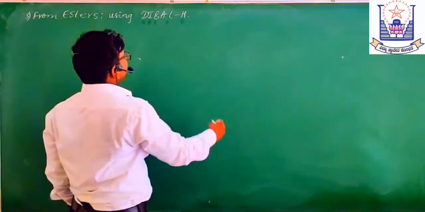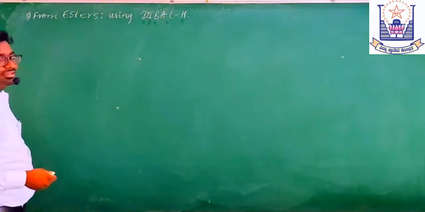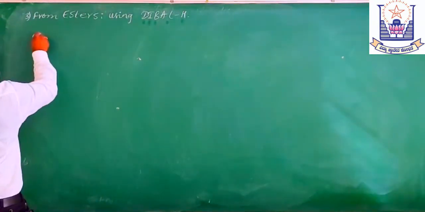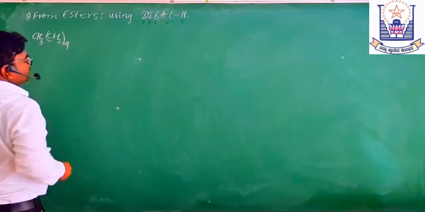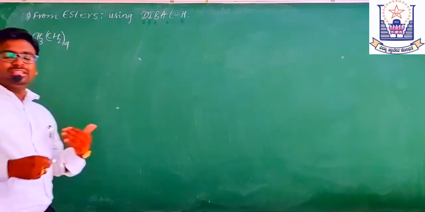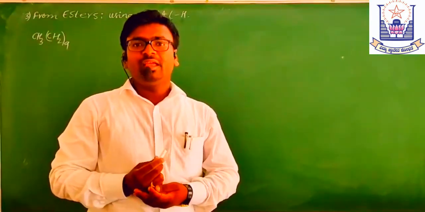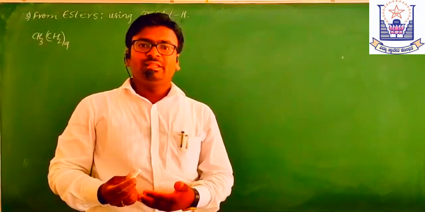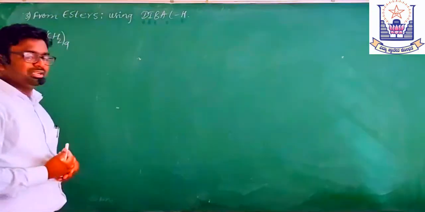It is written like this. Let us consider the example now. Take CH3, CH2 nine times. Why am I taking this particular example? Because it is mentioned in the NCERT and there is a chance for the paper setter to ask the same example. That's why it will be easy.